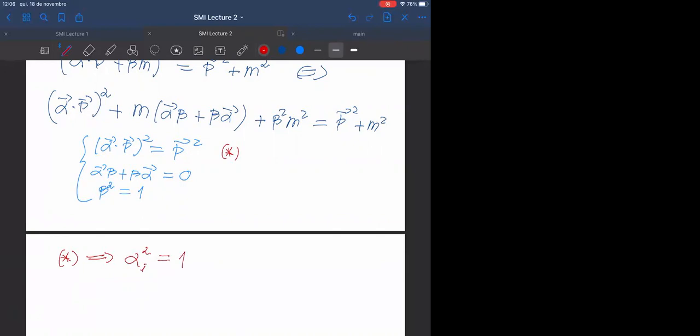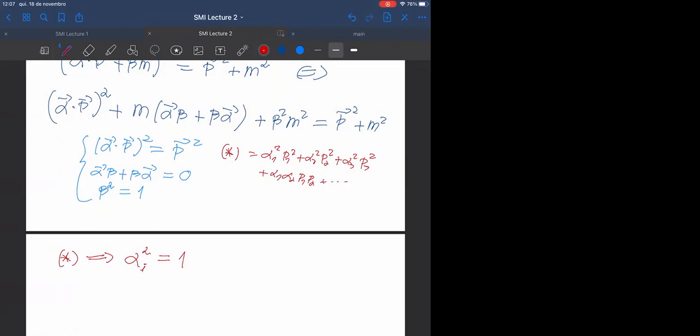Basically, what's happening here is that you are saying that alpha dot p squared is equal to alpha 1 squared p1 squared plus alpha 2 squared p2 squared plus alpha 3 squared p3 squared, and now cross terms alpha 1 alpha 2 p1 p2 and so on.